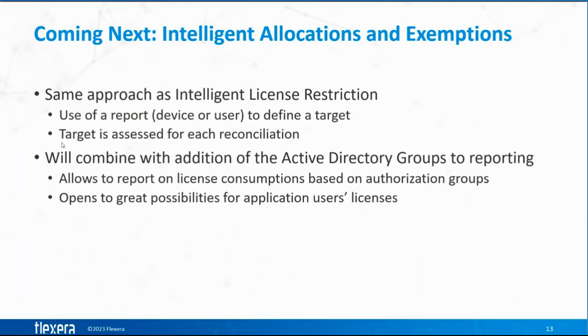And this intelligent allocation and exemption, it will be allocation on one side and exemption on the other. It will be able to allocate all the users, for instance, because we also have a plan to expose the Active Directory groups, which would be a good step forward. We store them in the database, but they are not yet exposed in the reporting objects.